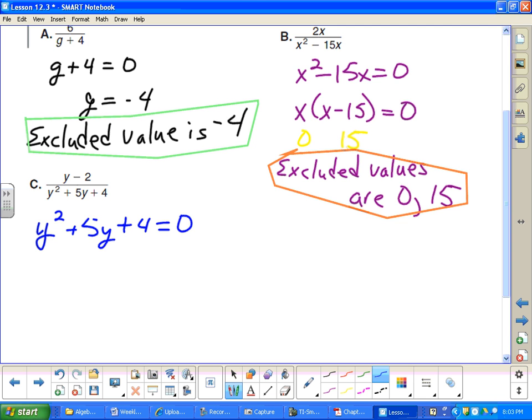What are the factors of 4 that add up to 5? That would be y plus 4 and y plus 1. So our zeros here would be -1 and -4.